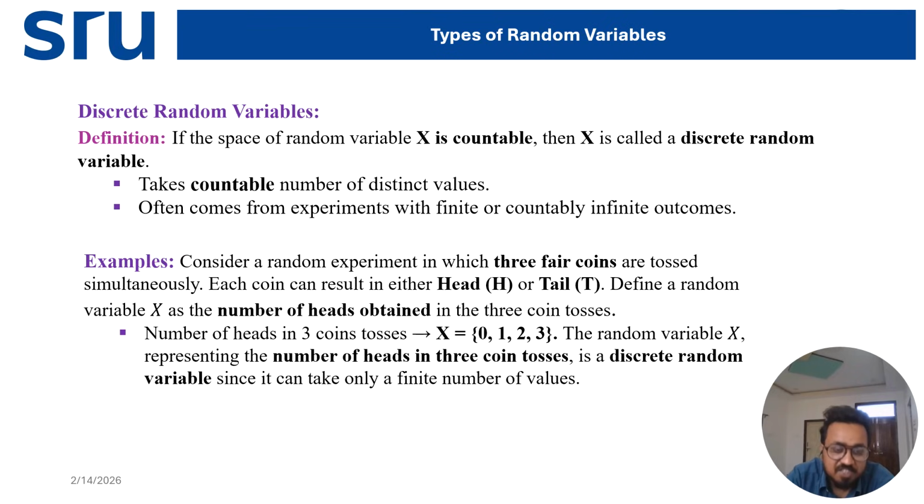So let us understand this definition by this example. Consider a random experiment in which three coins are tossed simultaneously and each coin results in either head or tail.